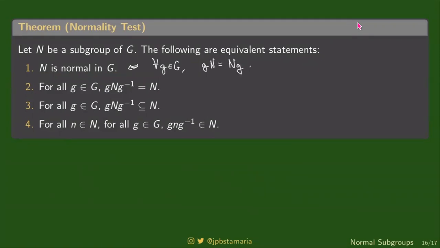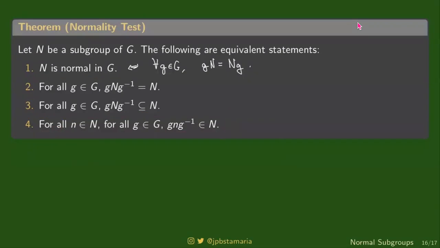Right? Yan yung definition. Yung number 2, number 3, number 4 ay iba doon sa definition. Ibig sabihin, kung equivalent sila sa statement 1, you can use them instead of the definition. In fact, ang totoong normality test dito yung number 4. Ito talaga yung ginagamit in order to show that N is a normal subgroup of G. But yung 2 and 3 are restatements of number 4.